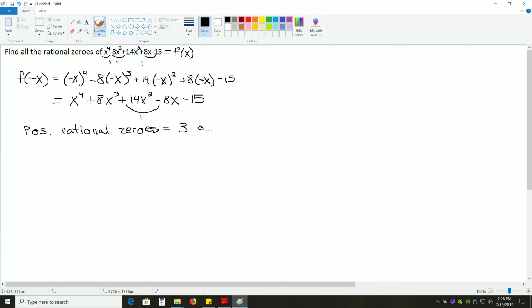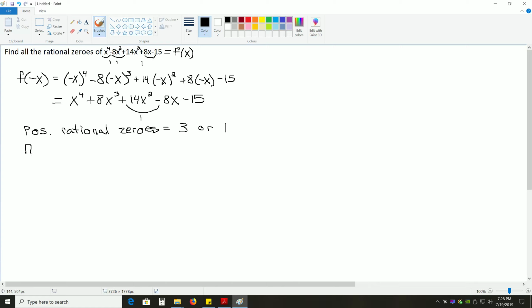Or we could subtract 2 from this and get 1 positive rational zero. So there could be 3 of them, or there could be only 1. We cannot subtract 2 from this again, otherwise we would end up with negative 1. And there's no such thing as negative 1 rational zeros. So there will be exactly 3 or exactly 1.